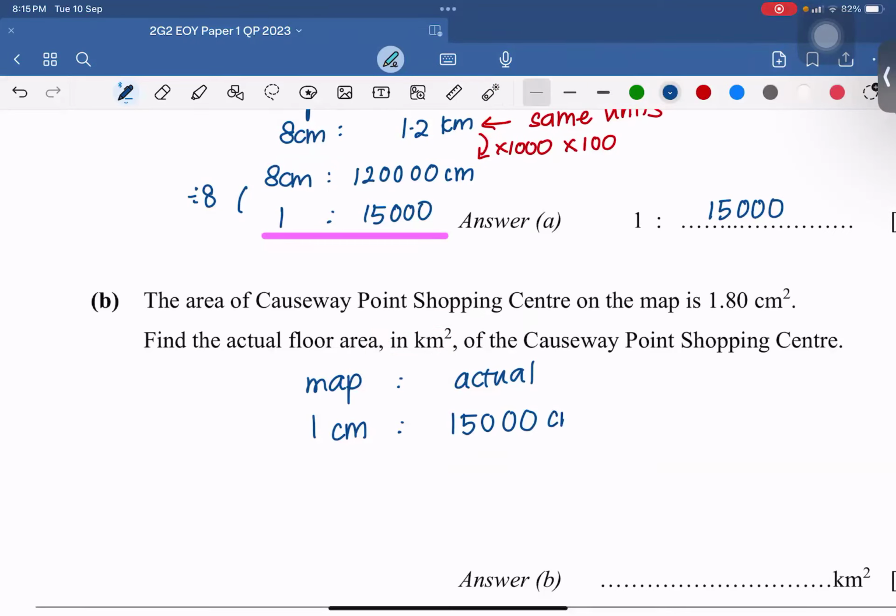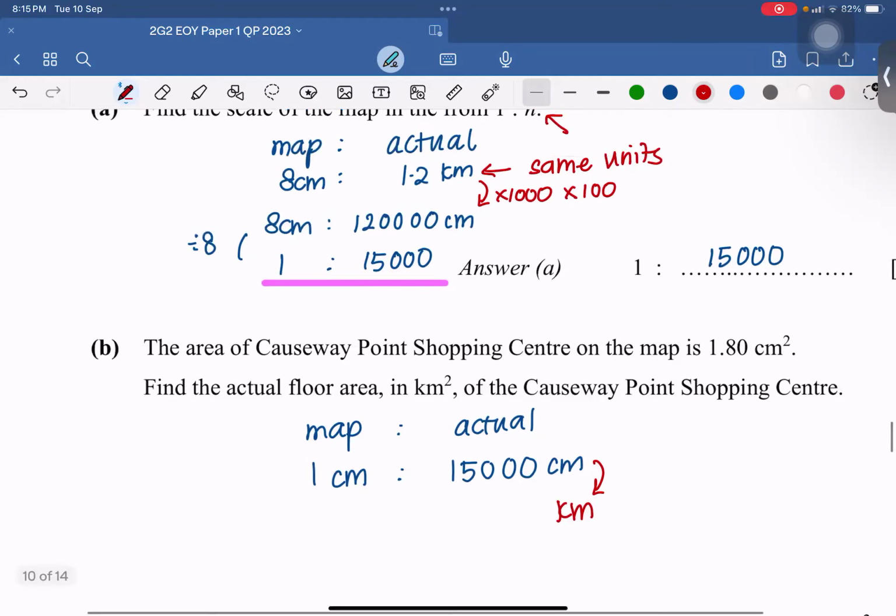I start off with cm. Can you tell me how to change this to kilometer first? Do I multiply or do I divide? Divide. Very good. For cm to kilometer, first I divide by 100 to change it to meter, then I divide by 1,000 to change it to kilometers.